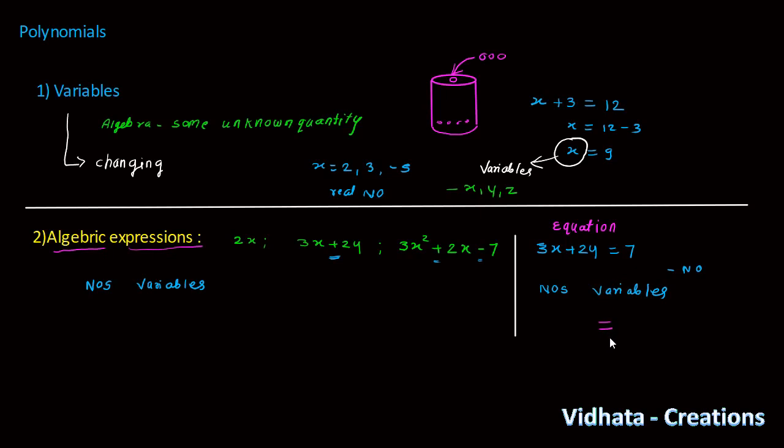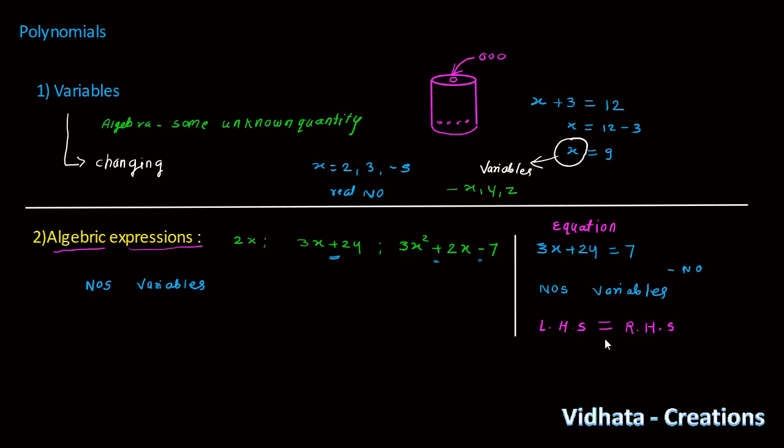And because of this equal to sign, there are two sides. One is the right hand side and the other is the left hand side. And in between these two sides, the equal to sign is there.